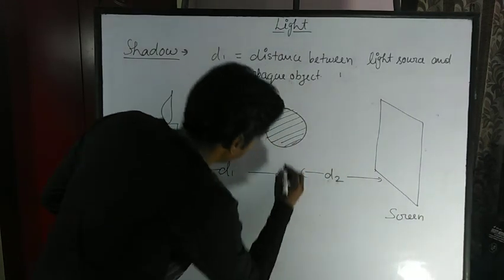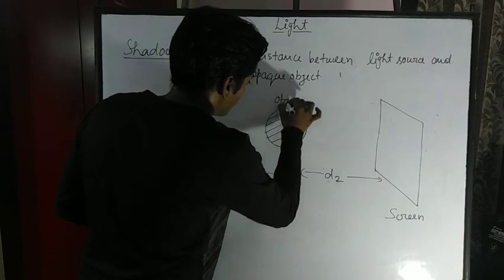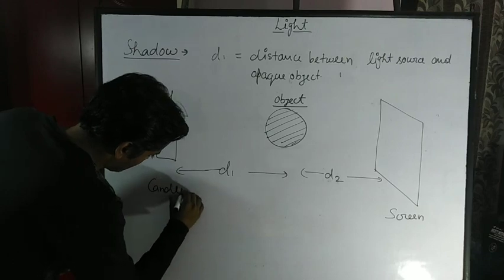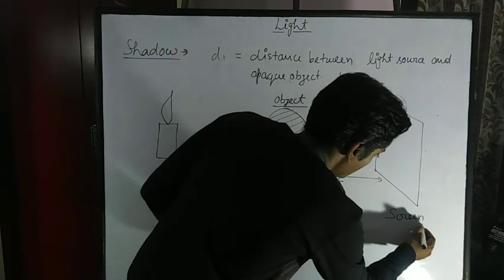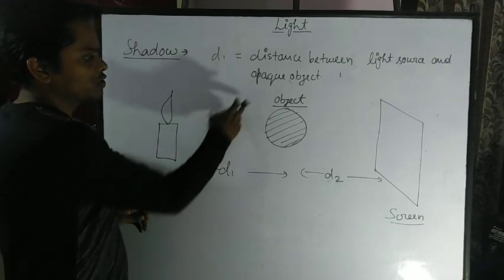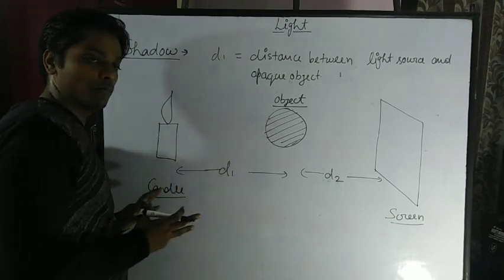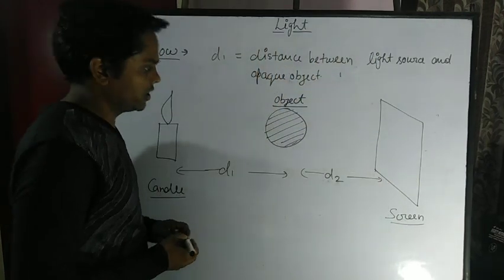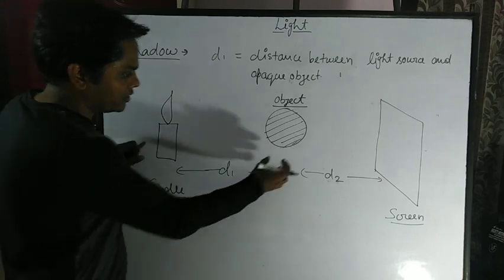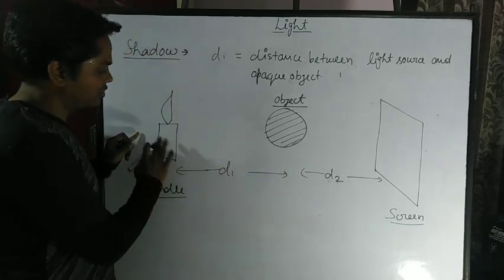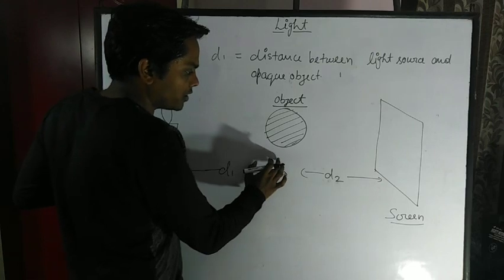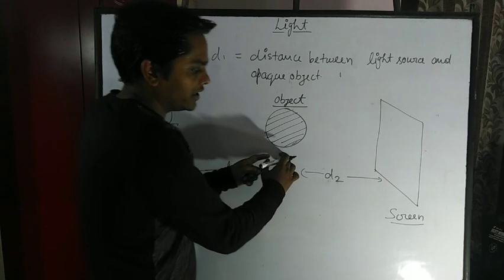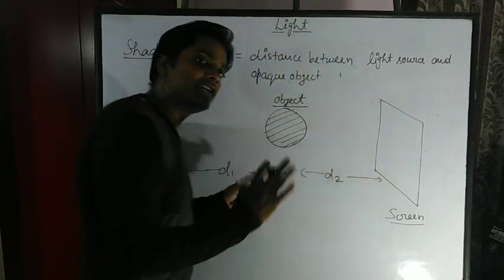This one is the screen, this one is the object, and this one is the candle. The candle is the light source, the opaque object blocks the ray of light, and the screen is where we will get the shadow. Now if the source of light gets closer to the opaque object, then we will get a larger shadow.